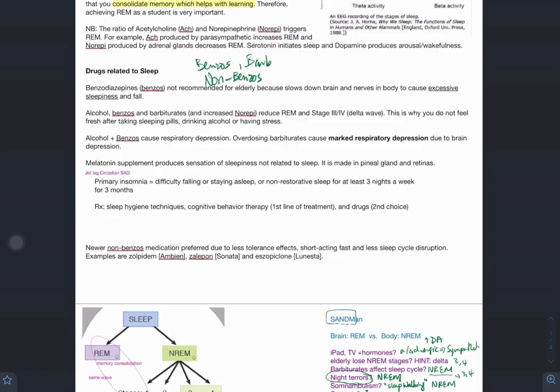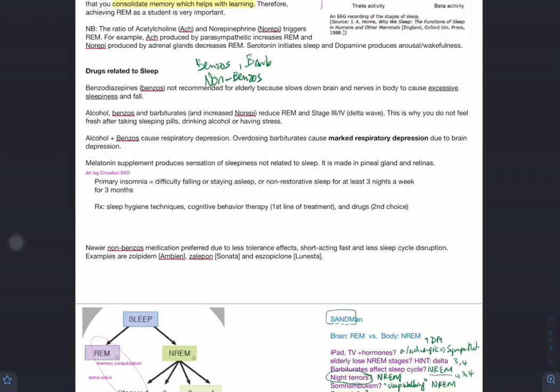They are easy to tolerate, they are really fast, and don't disturb your sleep cycle. And they act like benzo, just with not so much of all the adverse effect of benzo. So we call them non-benzo or benzo lookalike.